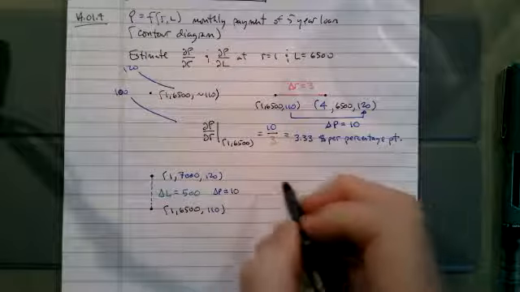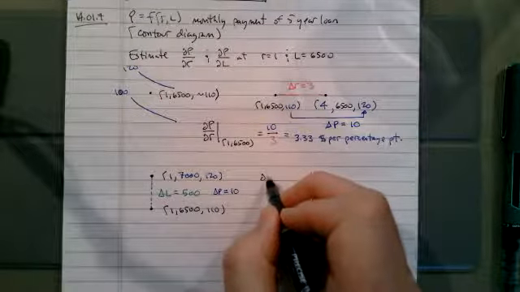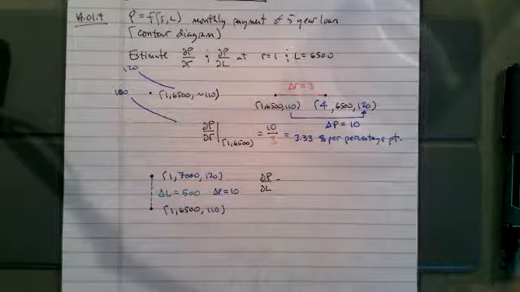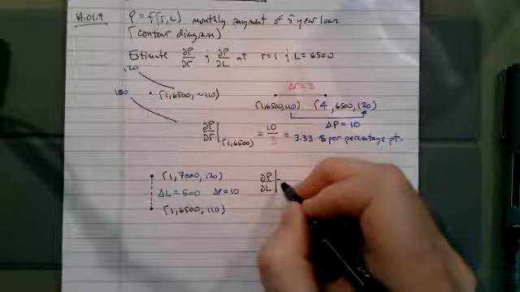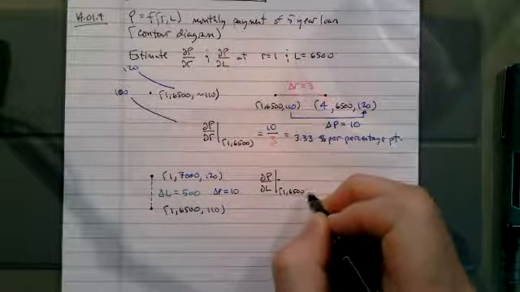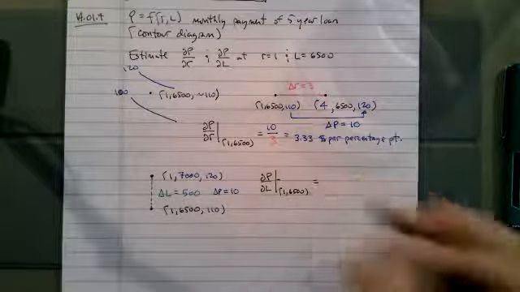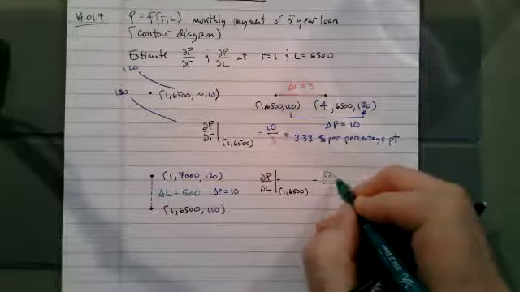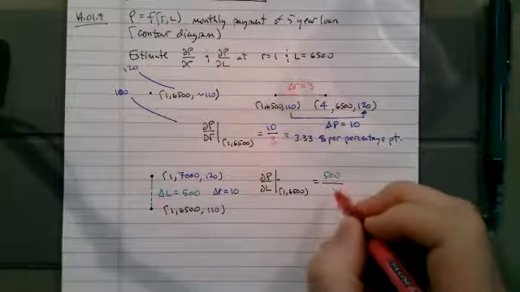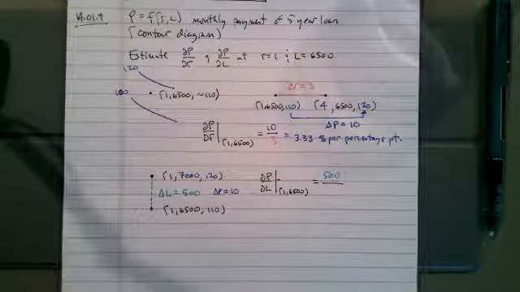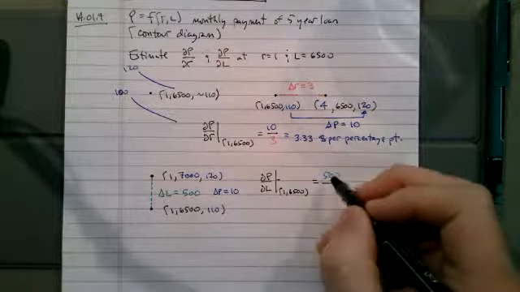So if we want to approximate the change in monthly payments with respect to the loan amounts, at 1, 6,500, my increase in L is about $500, and my change in payment, oh, I did this upside down.